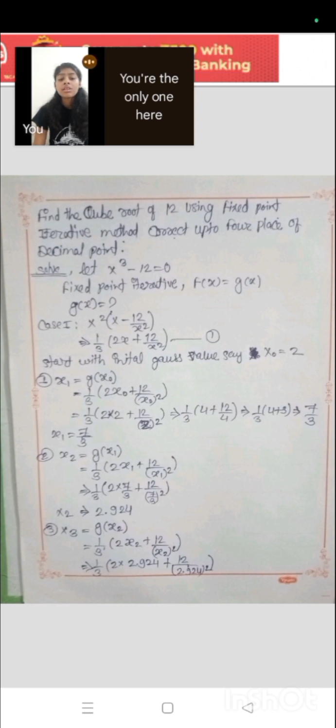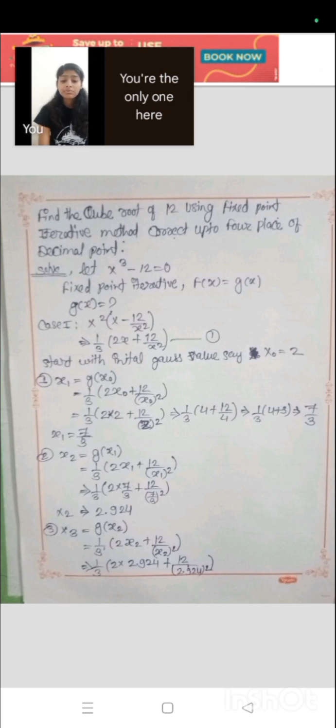So g of x1 is 1 by 3 into 2 x1 plus 12 by x1 square. Putting x1 as 7 by 3, we get 1 by 3 into 2 into 7 by 3 plus 12 upon 7 by 3 square. When we solve this equation, we find the x2 value 2.924.